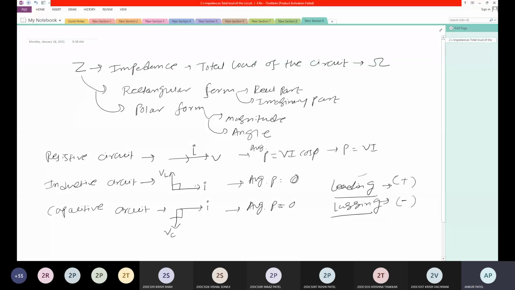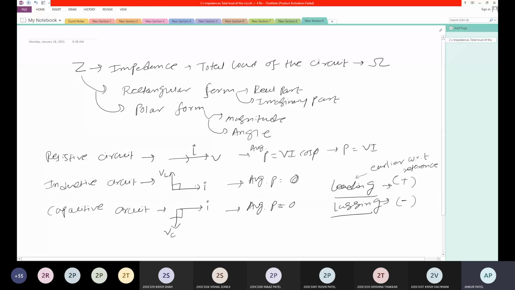Leading means when an alternating quantity attains its zero and maximum value earlier with respect to a reference quantity. That is called the leading quantity.